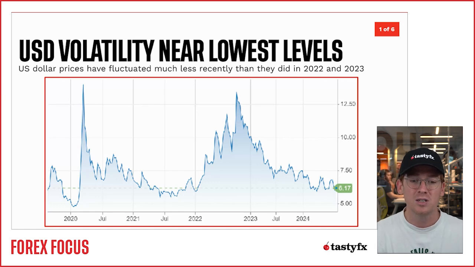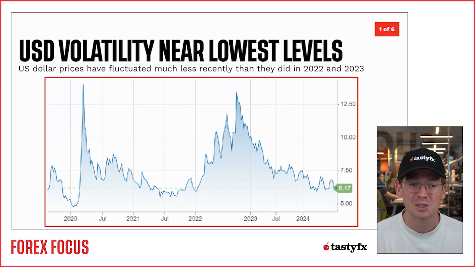So there usually is a floor for volatility in the stock market. Oftentimes it's around 7, 8, 9%. In the Forex community, it's a little bit lower. Currencies tend to move less than stocks, and so you have a floor around 4, 5, 6%. You can see here very close to 6% even, and really the lowest amount that we saw in this chart is right before the pandemic, down close to 5%, but since the pandemic has been around 5.5, 6%.